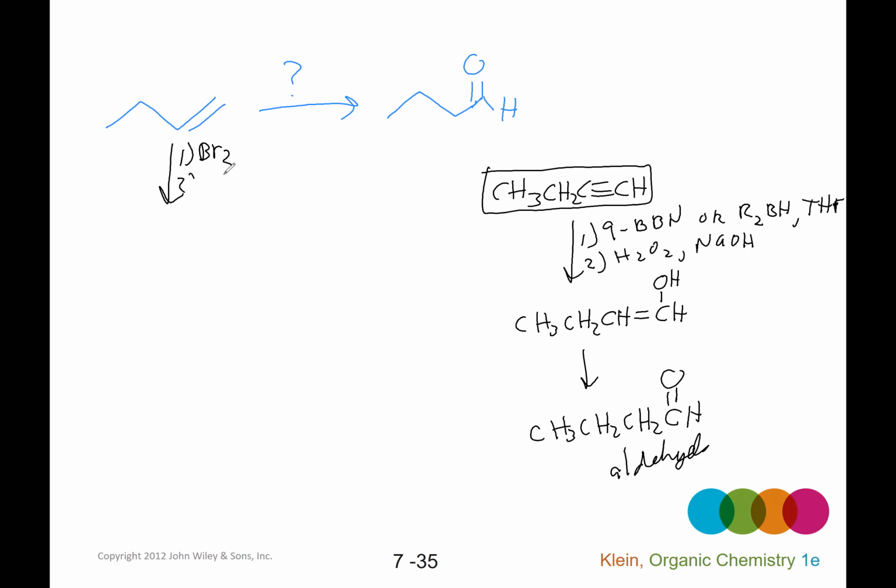Then you use excess sodium amide. And then the final step, you add water. And that converts that 4-carbon alkene into a 4-carbon alkyne. And the way that works is this. I'll show you again just as a review.